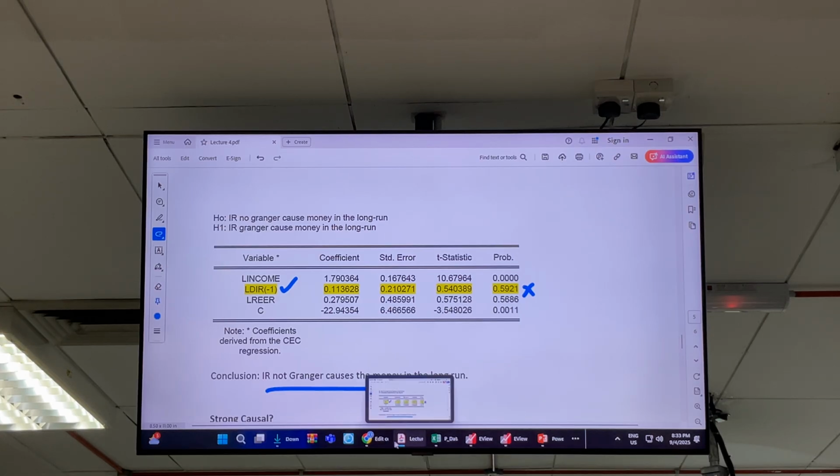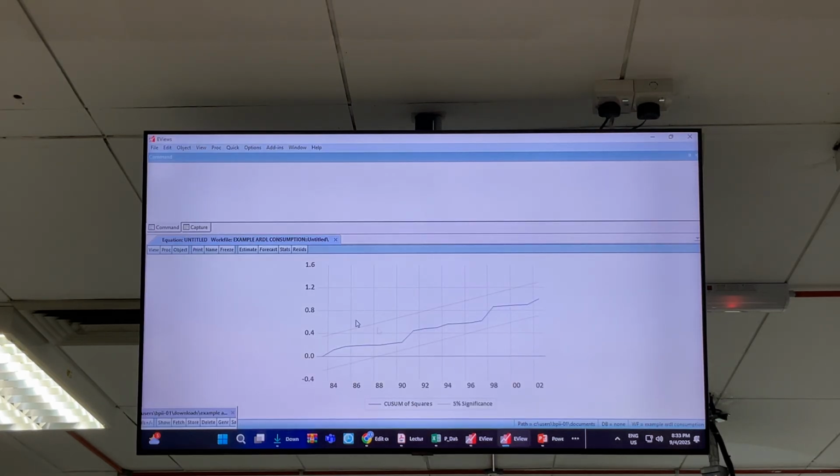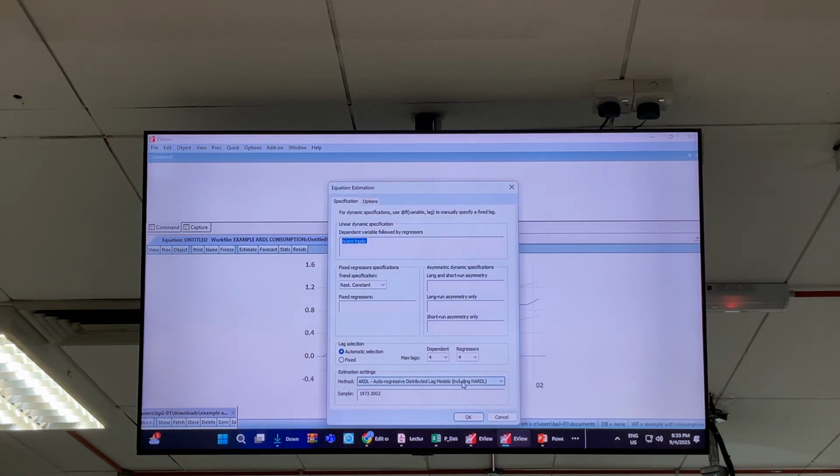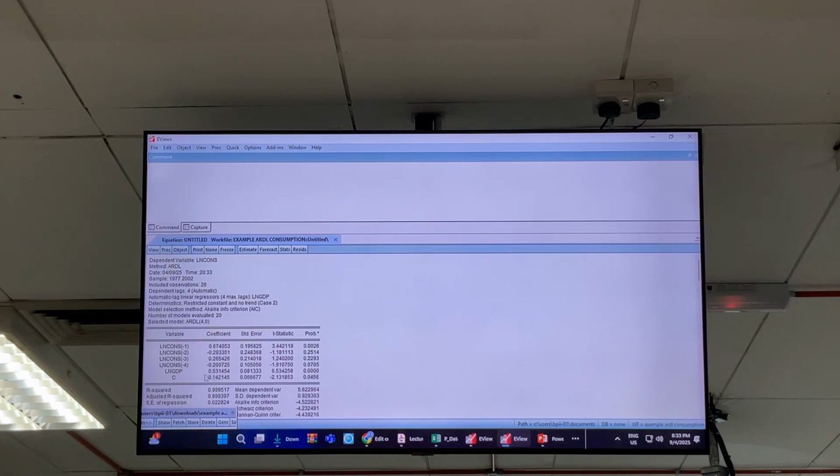So what you can do here, maybe I go to EViews. Go to View, estimate just now. Here, if I want to see whether GDP Granger causes consumption or not in the short run, it's significant. If this is an ARDL 4,1, you're going to have a few coefficients.